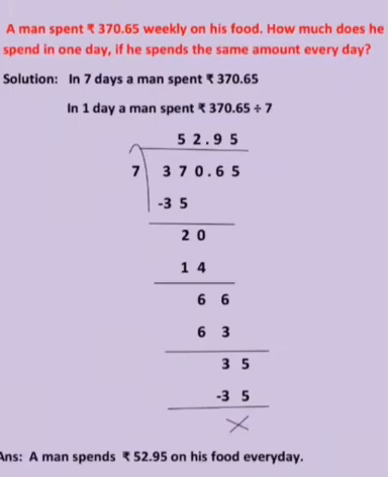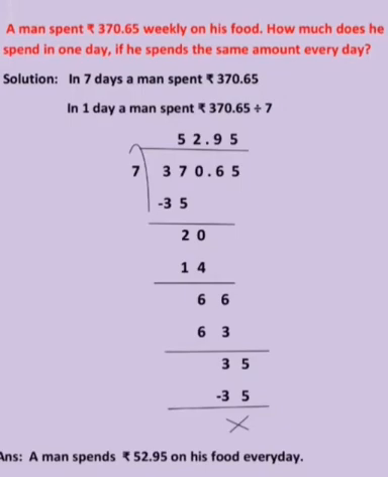Okay. Find out how much he spent in one day if he spends the same amount every day. If he spends an equal amount every day, then how much he spent in one day, that you have to find out. Let's start. So 7 days is given. You have to find out how much he will spend in one day.